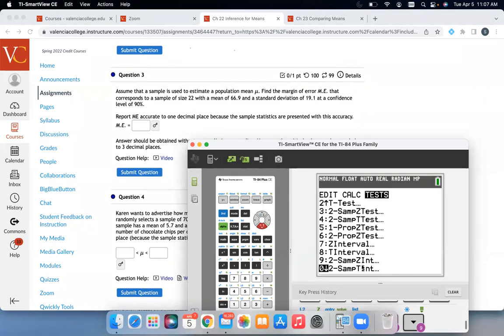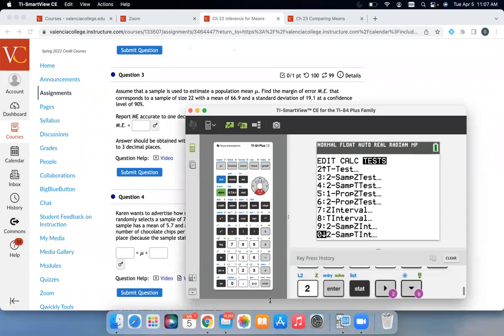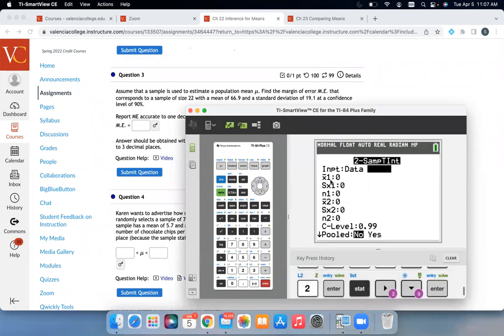First off, we know we're doing an interval because it says confidence right there. We know we're doing an interval. We don't want it to say test. Secondly, we know we only have one sample because they literally only give me one sample. If I go into button 0, look at all the stuff they ask for. I don't have all that.